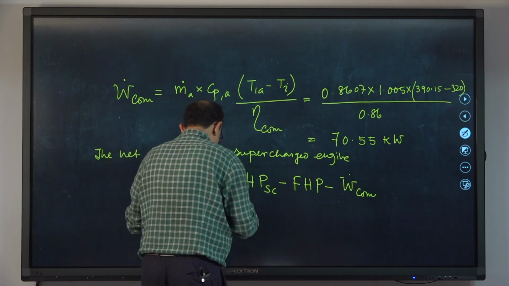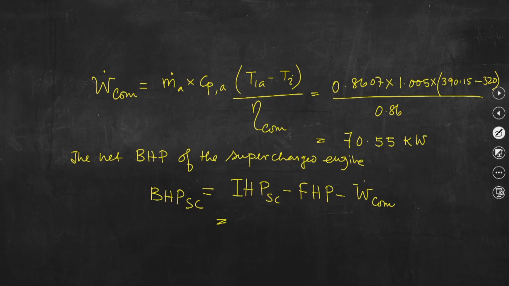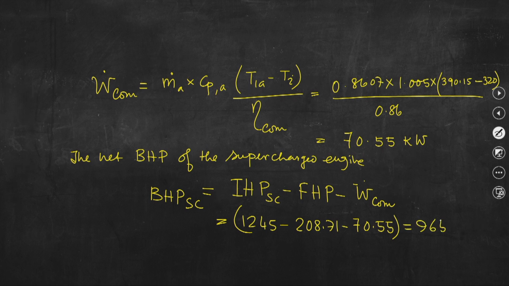So, if we calculate it, this is 1245 minus frictional horsepower, which remains the same, 208.71, minus 70.55 kilowatt, and the total is coming as 965.74 kilowatt. So, this is the answer to the first part of this question.